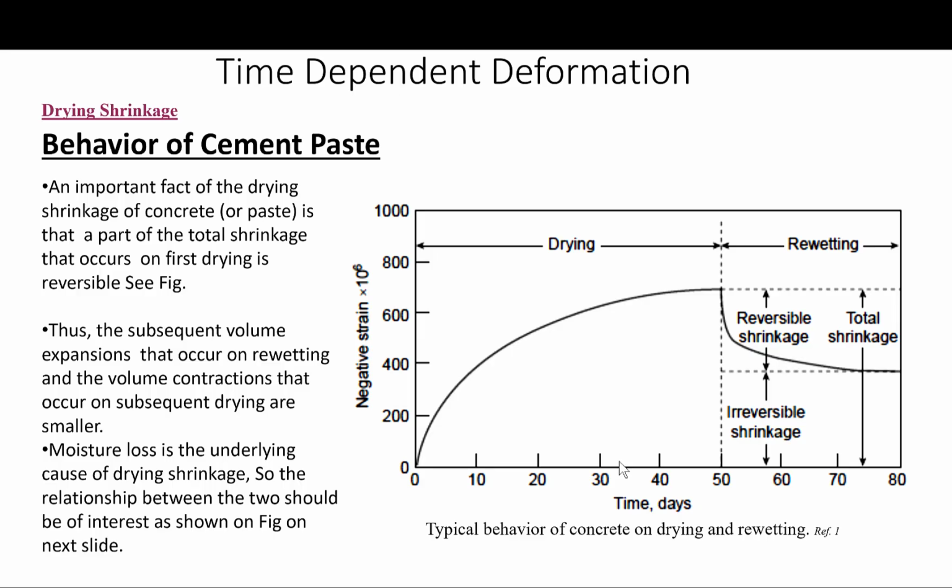So one important aspect concerning the drying shrinkage of cement paste, and eventually the concrete, is the fact that part of the total shrinkage that occurs on first drying is irreversible, as you can see here. Once the member undergoes drying, it will be subject to shrinkage.